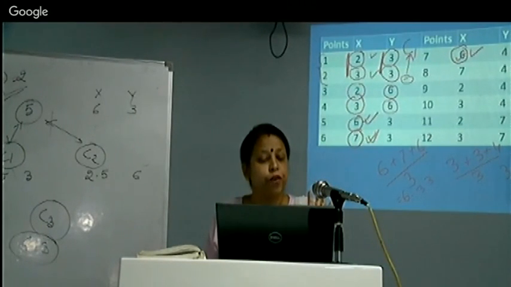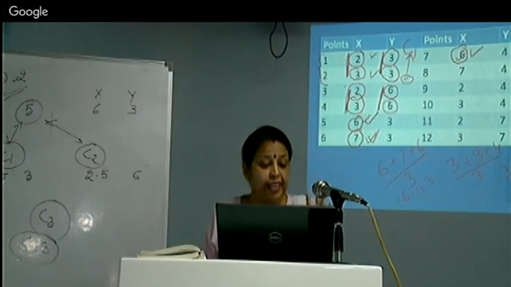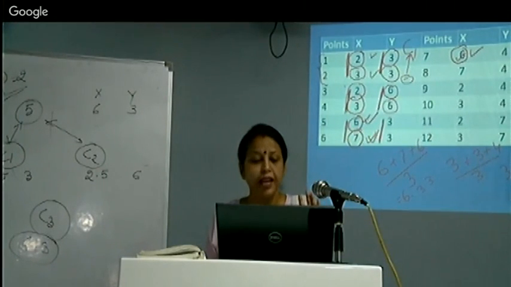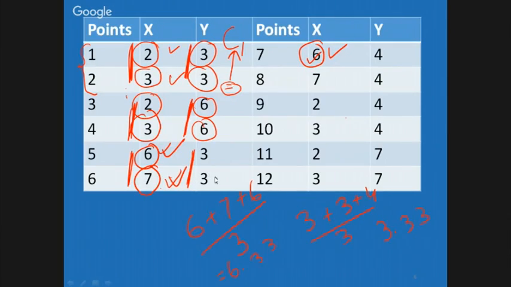Similarly, for 3 and 4, after pattern 4 we added 3 and 4. After pattern 6, we have only 2 points, that's why we did these 2. 6 and 7 by 2, that is 13 by 2, that is 6.5, and 3 plus 3 by 2, that is 3.